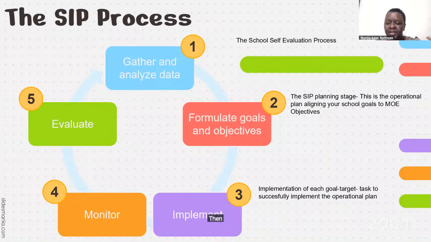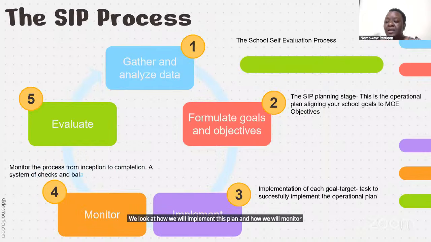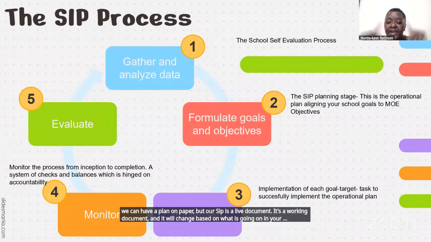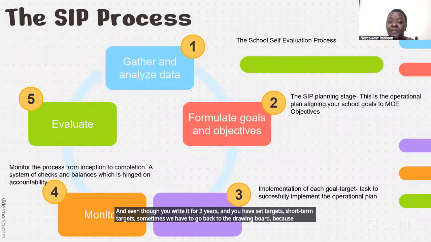Then after we have put together this operational or tactical plan, as they now call it, we look at how we will implement this plan and how we will monitor it. We can have a plan on paper, but an SIP is a live document. It's a working document and it will change based on what is going on in your environment. Even though you write it for 3 years and you have set short-term targets, sometimes we have to go back to the drawing board because, as we say, it's a live document.